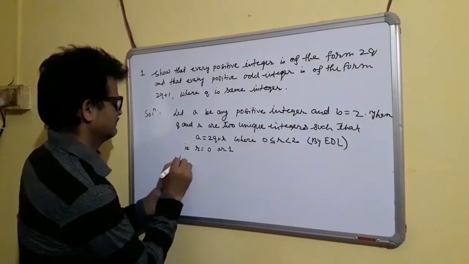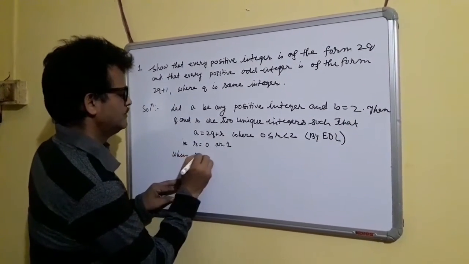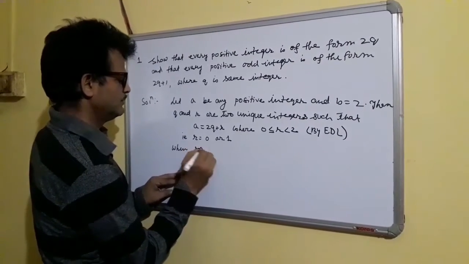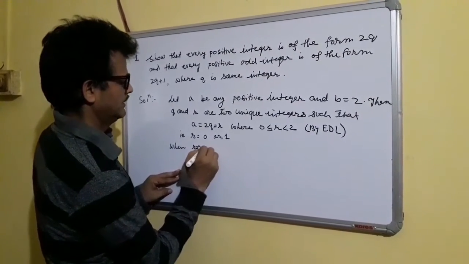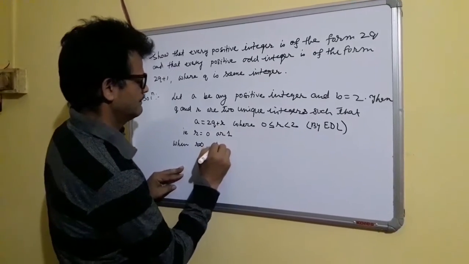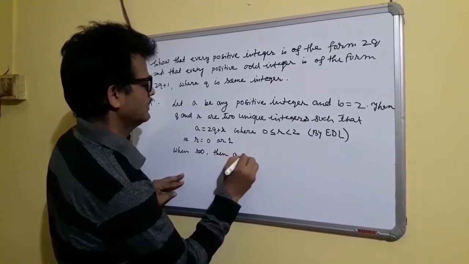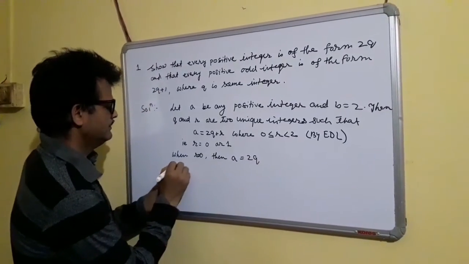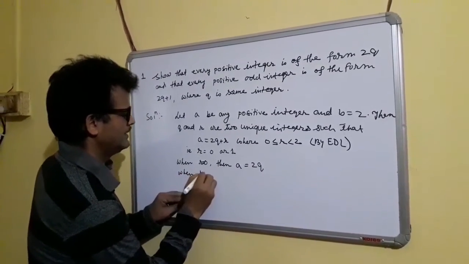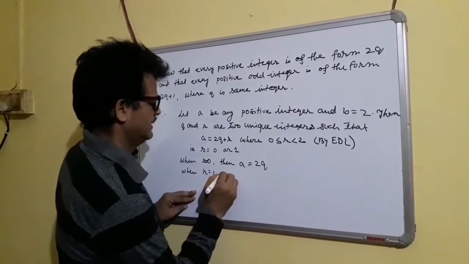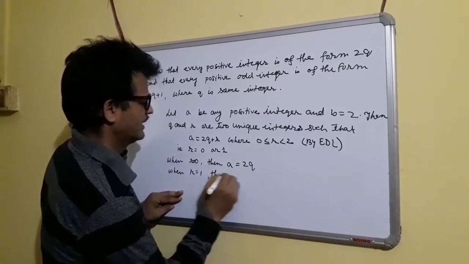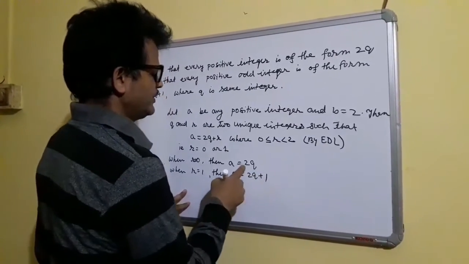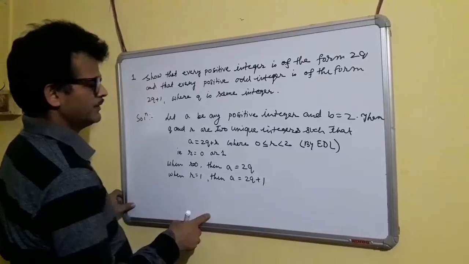When r is equal to 0, then a is equal to 2q. When r is equal to 1, then a is equal to 2q plus 1. Now you see, this 2q is an even number because 2 is a factor.